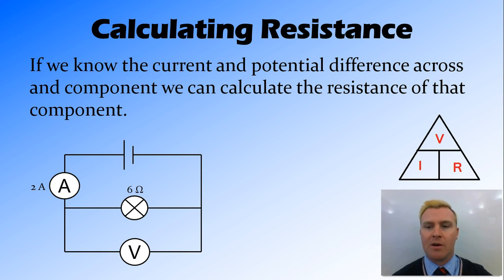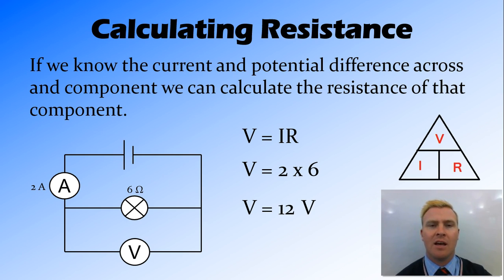So what we do is we come over to our little triangle, cover up voltage, gives us V equals IR, which is the base form of the equation. So we then plug in I being 2, R being 6. So we've got 2 times 6 gives us 12, and don't forget to put our units on the end. So the voltage is 12 volts. Okay, so that one's pretty easy.